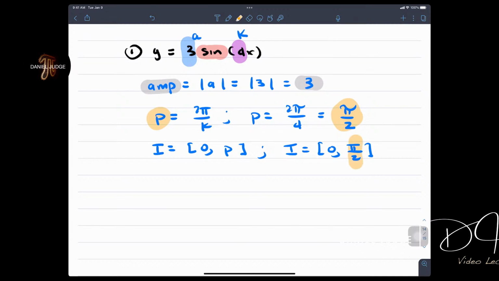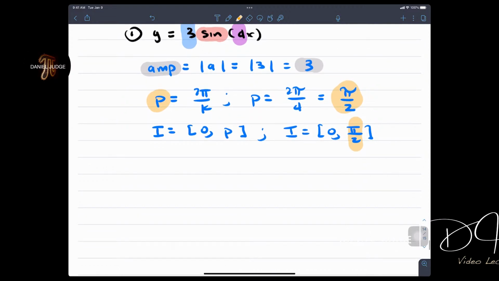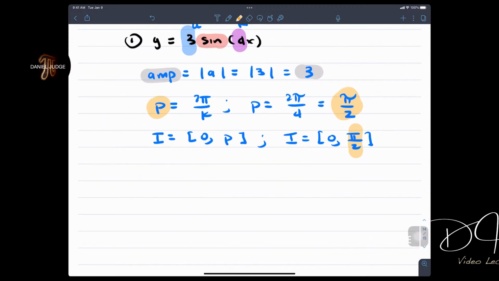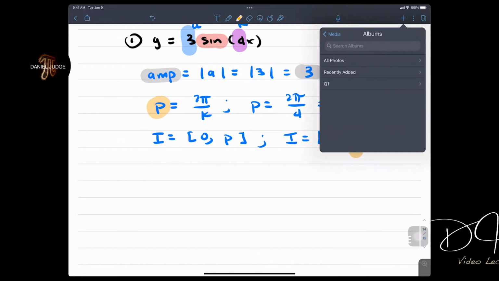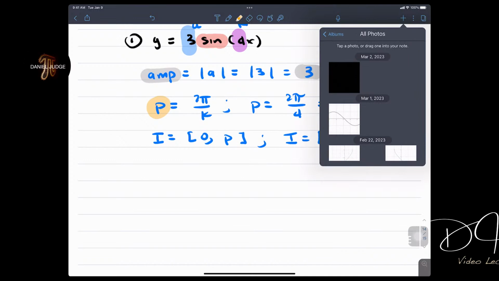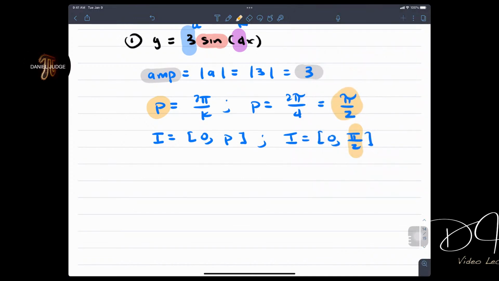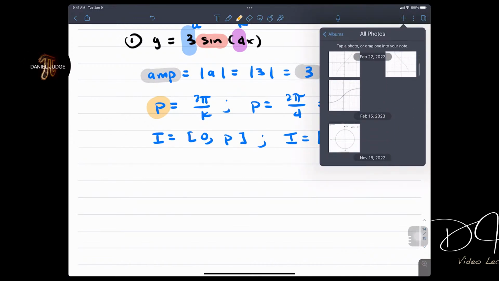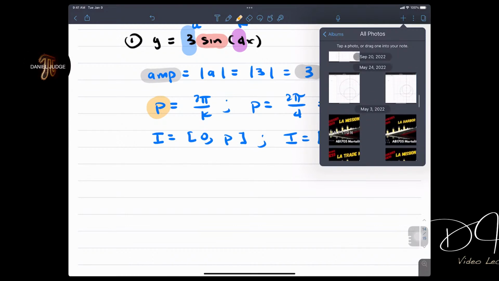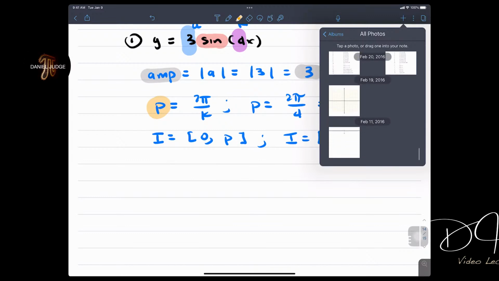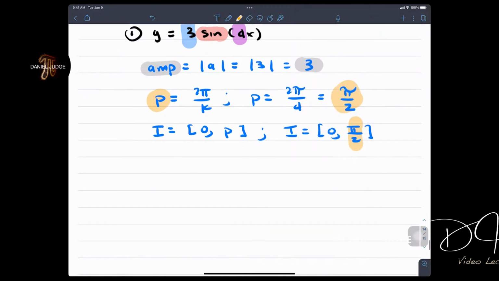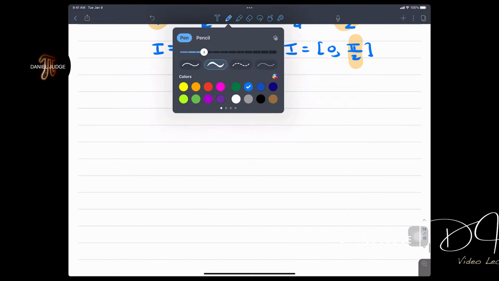Okay, now I think what I'm going to do is what I've been doing. Let me see if I have any graphs here. Do we have any graphs to include? No. So we're just going to do what we've been doing in class.